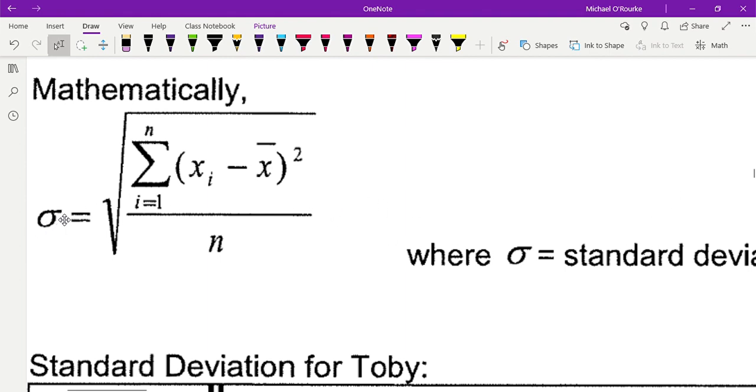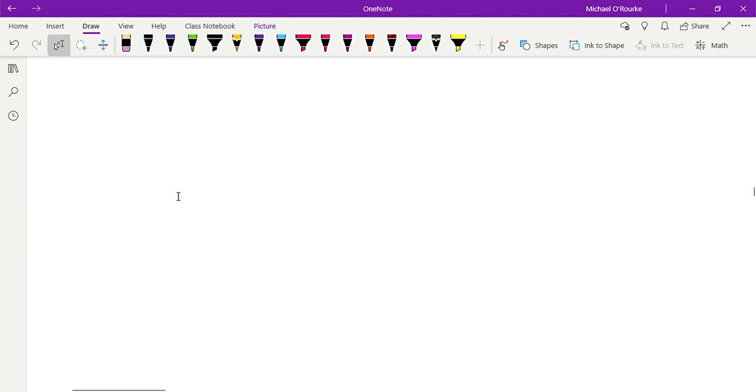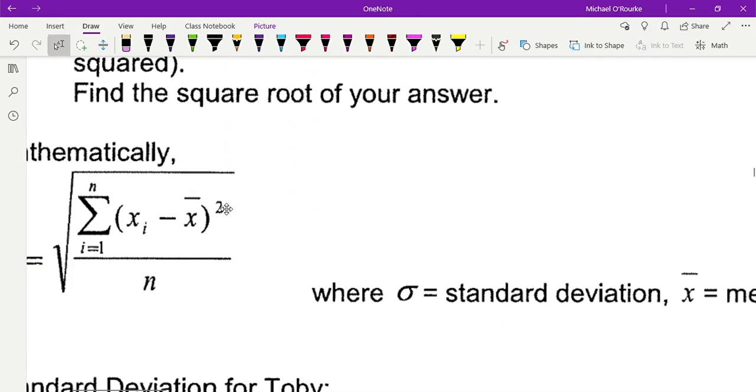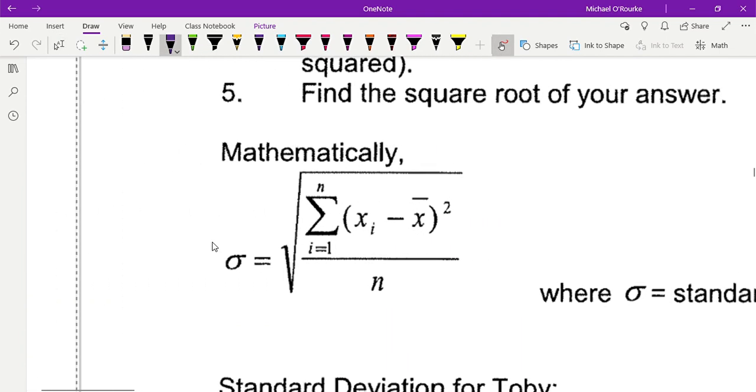This one means standard deviation. That little symbol means standard deviation. The X with the line over it is the mean. So I'd also add that symbol to where we have the definition of mean and how to find mean on your page. So it's not that bad. This here now seems scary.